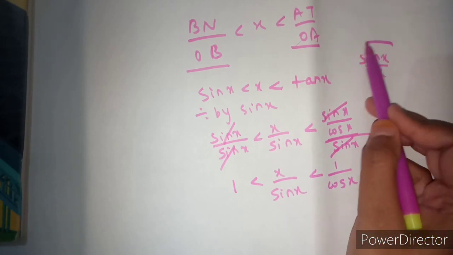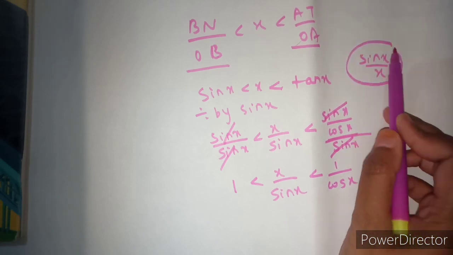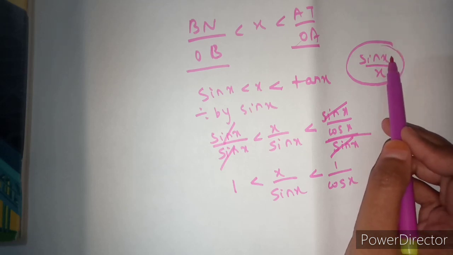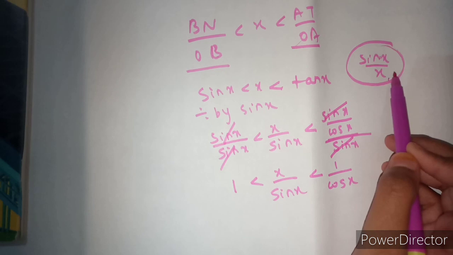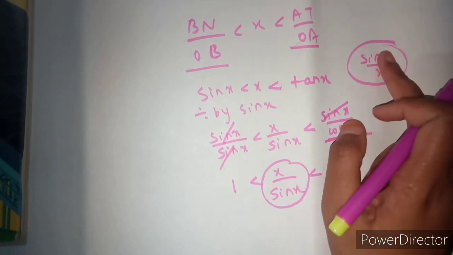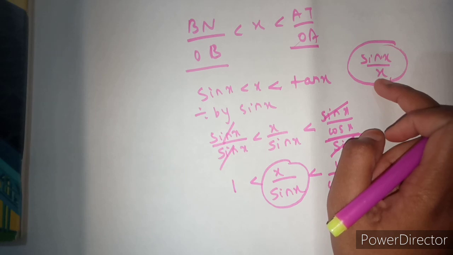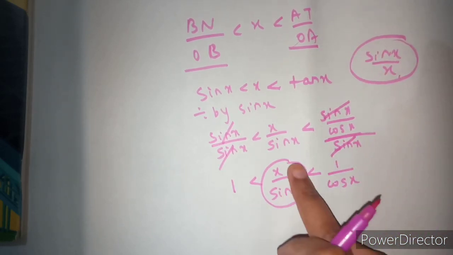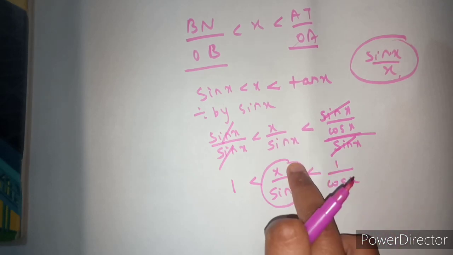But in the statement they have given the function in the form of sin x by x, and here we have got x by sin x. So what do we have to do? We have to take the reciprocal. If I take the reciprocal, x by sin x becomes sin x by x, right?